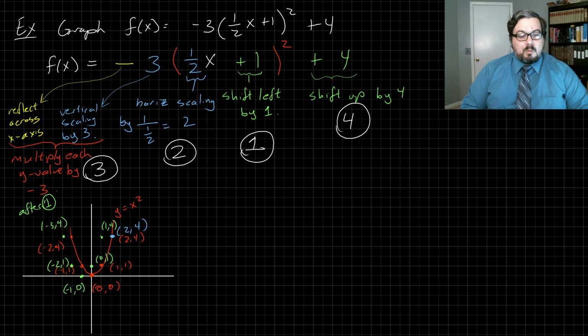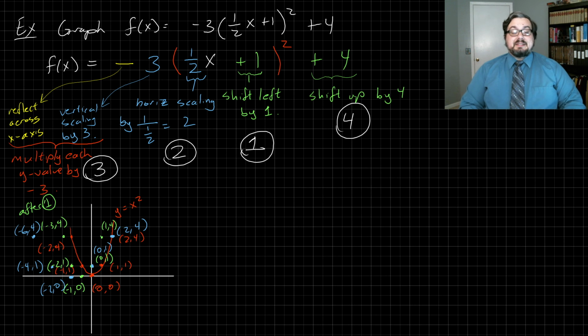The point 0, 1 stays at the point 0, 1. The point negative 1, 0 goes to the point negative 2, 0. The point negative 2, 1 goes to the point negative 4, 1. And the point negative 3, 4 goes to the point negative 6, 4.